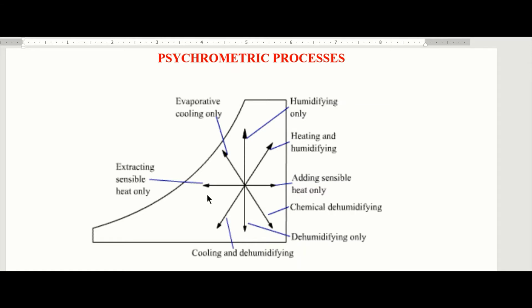For horizontal lines going towards your right, it is sensible heating. When it is going towards your left, it is sensible cooling. When it is diagonal towards your right, it is heating and humidifying, and when it is diagonal towards your left and going downwards, it is cooling and dehumidifying. We shall be explaining some of these psychrometric processes and looking at one or two calculations in this video.